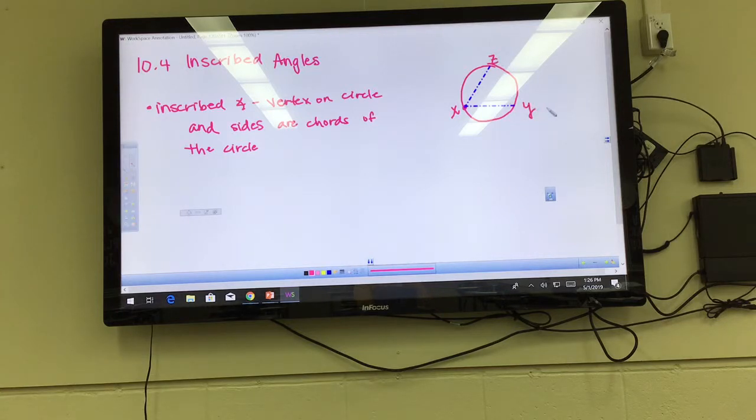I ask you, is that a central angle? It is not a central angle because it doesn't come from the center. To come from the center, it would be a central angle. This is not. This is an inscribed angle. It has a vertex on the circle and the sides are chords of the circle. So I have chord XZ, I have chord XY, and they meet at point X, and it forms the inscribed angle ZXY. So an example of an inscribed angle here would be angle ZXY.